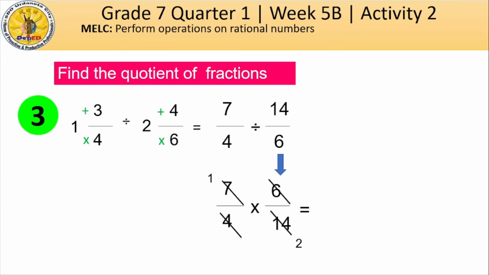Both of them are still divisible by 2. So 4 divided by 2 is 2 and 6 divided by 2 is 3. And then, let us proceed now to multiplication. 1 multiplied to 3 is equal to 3 and 2 multiplied to 2 is equal to 4. So, the answer is 3/4.